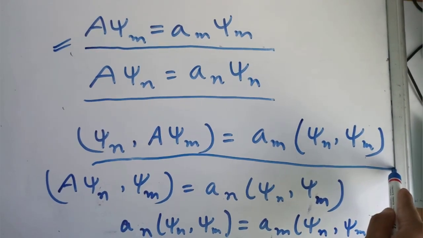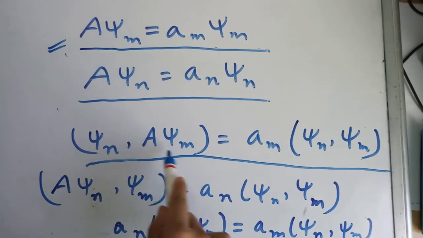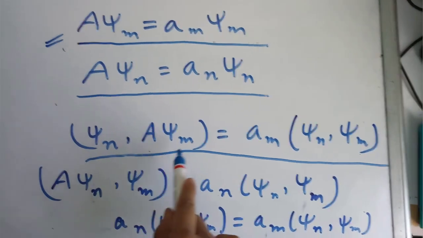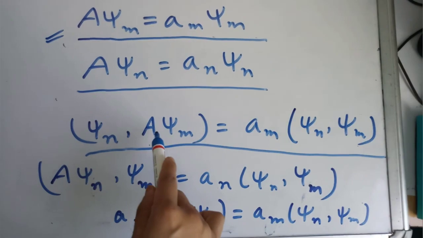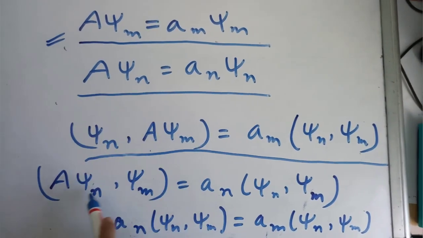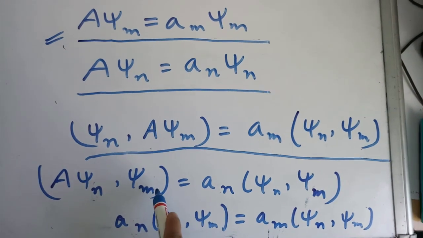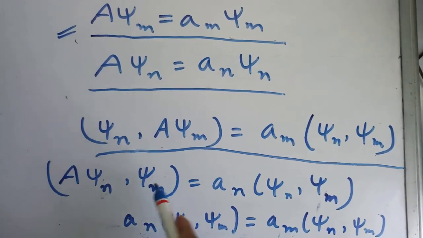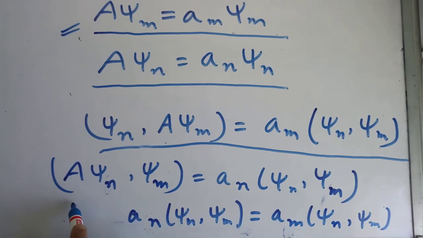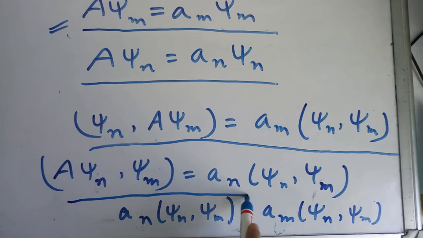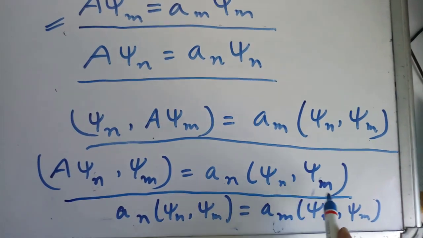Now, since operator A is a Hermitian operator, we can write this one in this way also, as you have learned. So this will give you (A psi m, psi n) equal to a n (psi m, psi n).